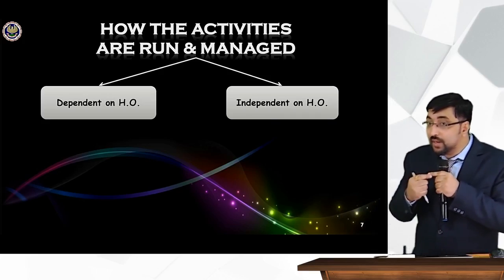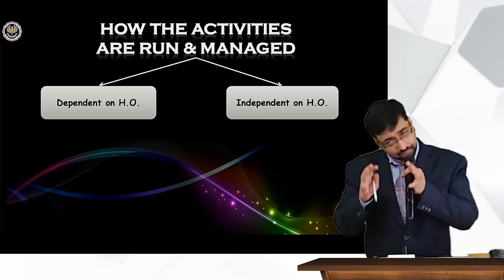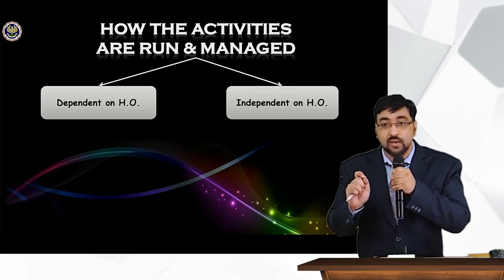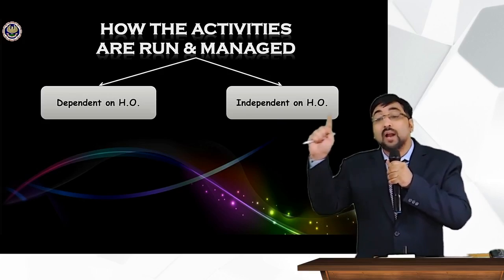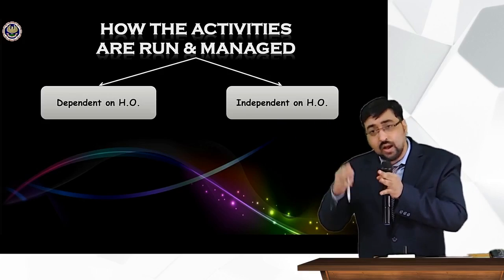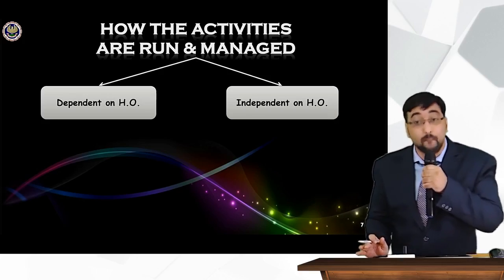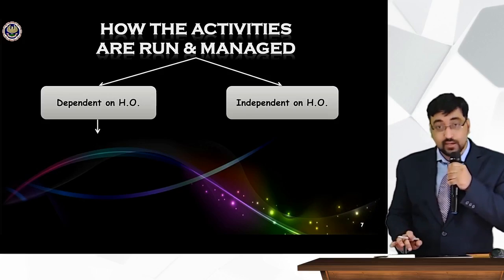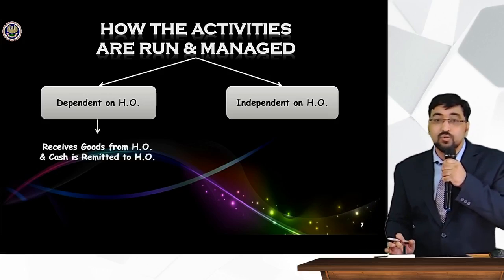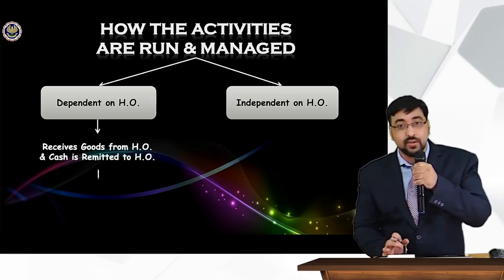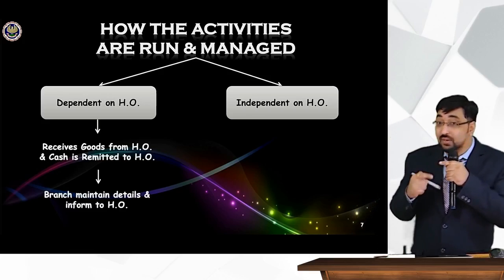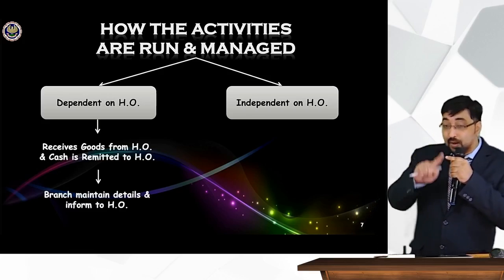And the independent branch will record its own transactions, and the independent branch will transfer its trial balance or all accounts to the head office to get the combined, consolidated profit. So what is a dependent branch? We already covered it. It receives goods from HO and cash is remitted to HO, and the branch maintains details and informs the head office.